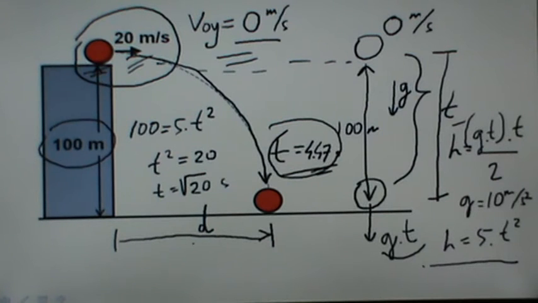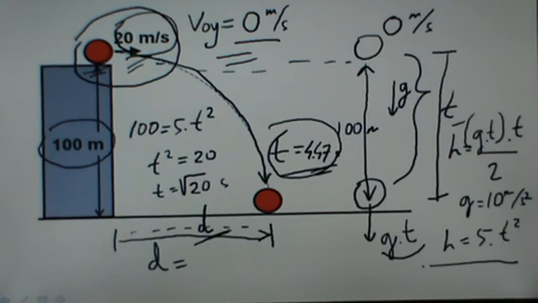Now to find the horizontal distance traveled by the ball, keep in mind that the ball will go in the horizontal direction with a constant speed of 20 meters per second, since we don't have an acceleration in the horizontal direction. So this ball will go in this horizontal direction with the same speed here, 20 meters per second.